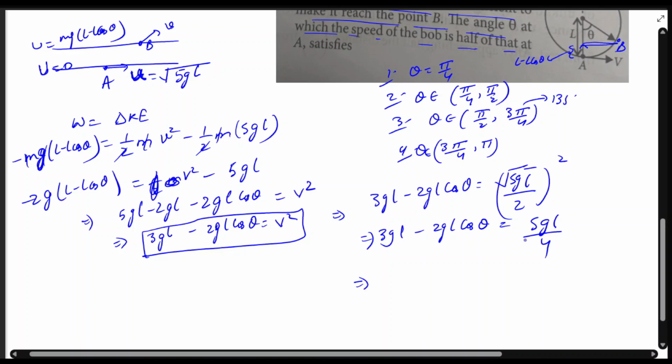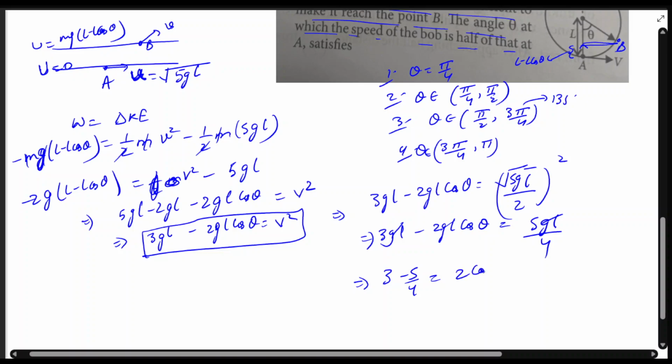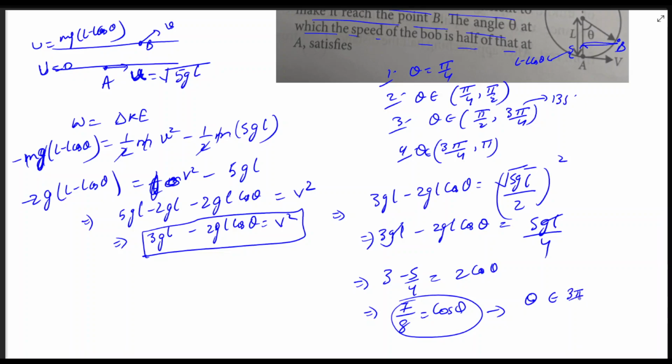If we rearrange, gL will get cancelled, right? So it will be 3 minus 5 by 4 equals 2 cos theta. So this will be 12 minus 5, 7 divided by 8, equals cos theta. Now if you solve, this theta will come between 3 pi by 4 to pi. Okay, so D will be our option.